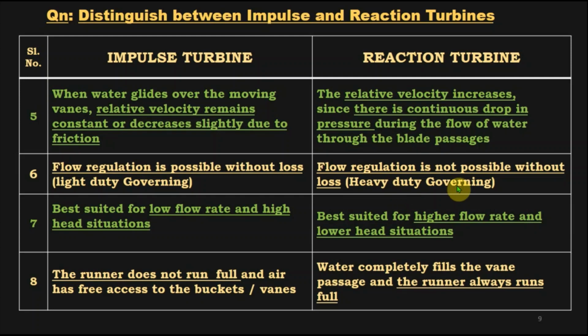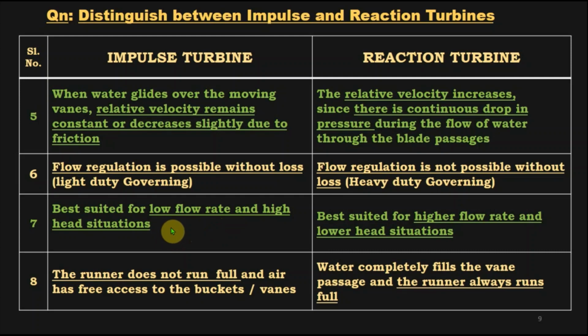Heavy duty governing systems are essential in reaction turbines, such as the Francis turbine and in particular the Kaplan turbine, which is an axial flow reaction turbine. Impulse turbines are best suited for low flow rate, that is low discharge, and high head situations. And we have already discussed that Pelton turbines are suitable for heads over 300 meters.